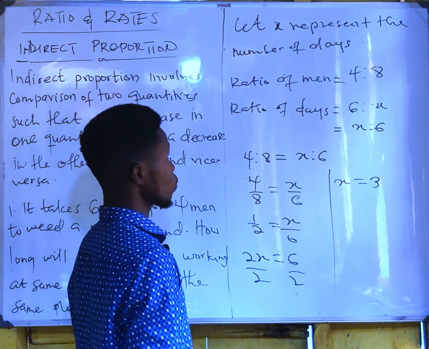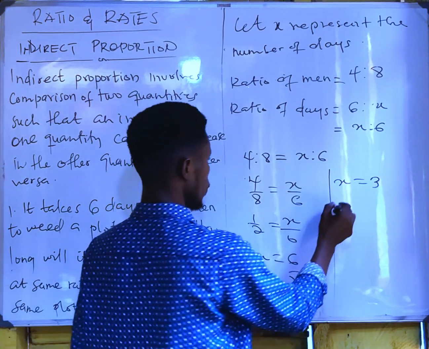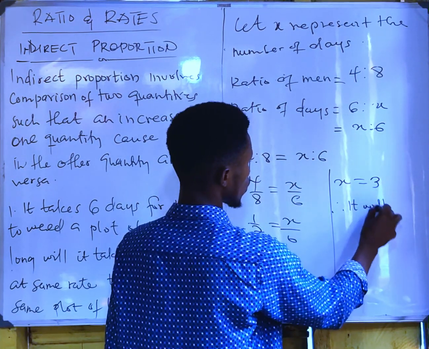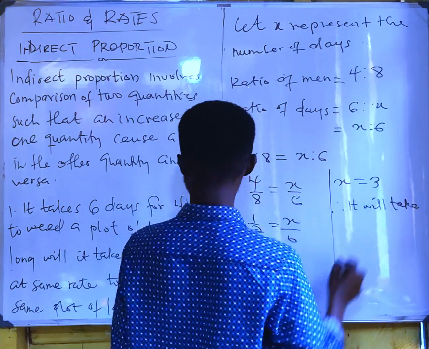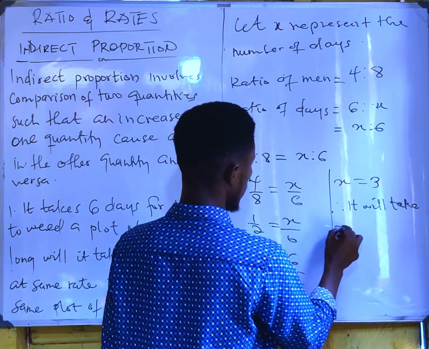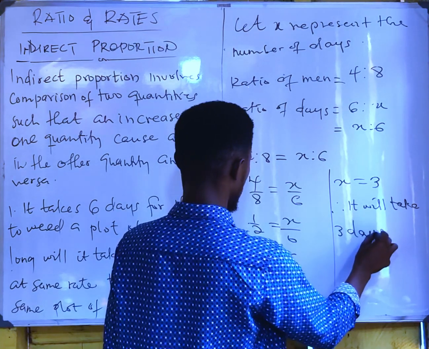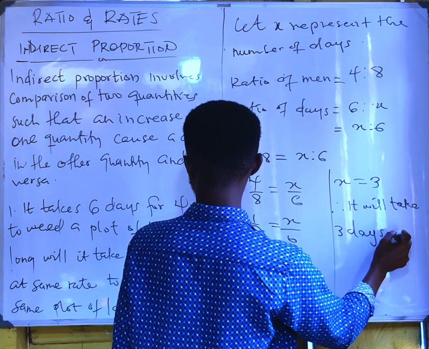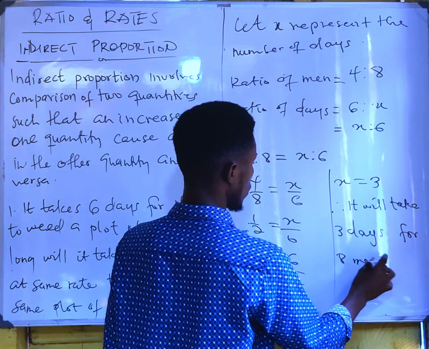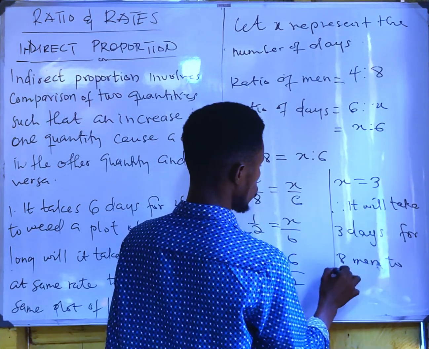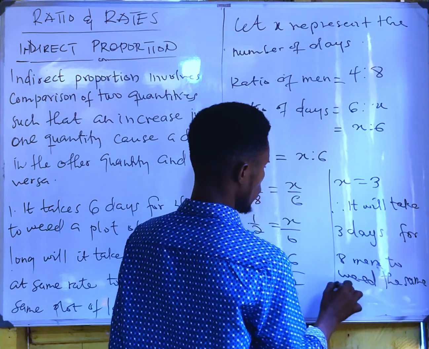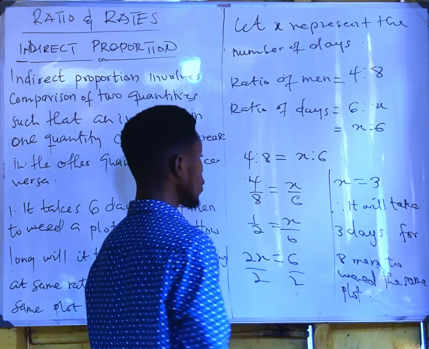So you conclude, therefore, it will take 3 days for 8 men to read the same plot, at the same rate.